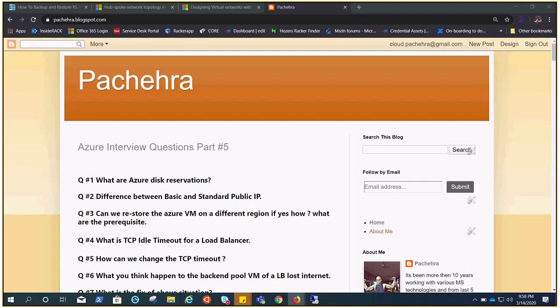Okay, so if anybody asks you what are Azure disk reservations, you need to reply: disk reservation is an option to purchase 1 year of disk storage in advance, reducing your overall cost for the storage. Azure Disk Reservation provides the option to purchase premium SSDs in the specified SKUs from P30 up to P80 for a 1 year term.